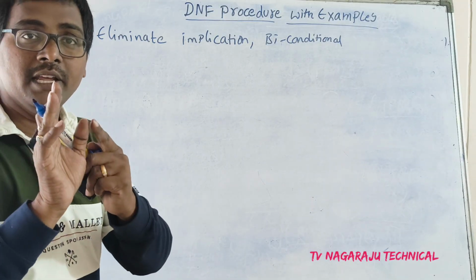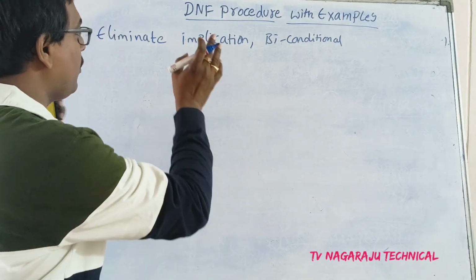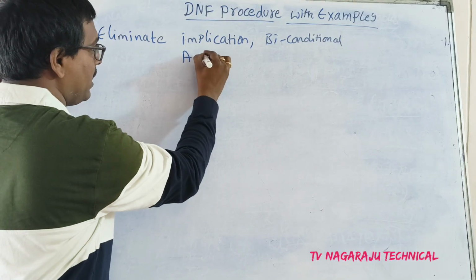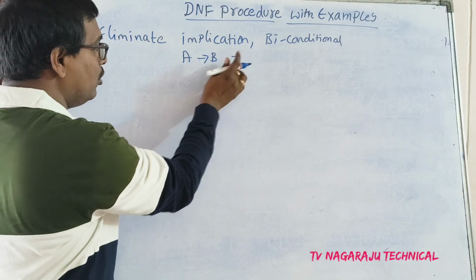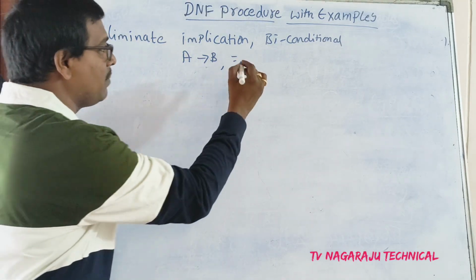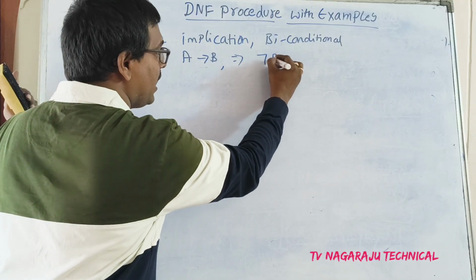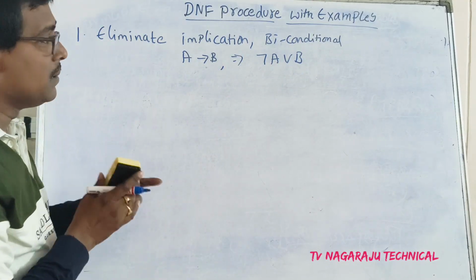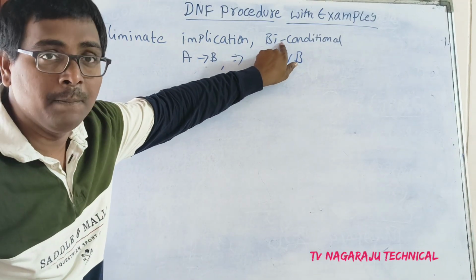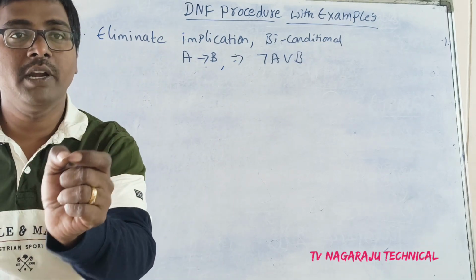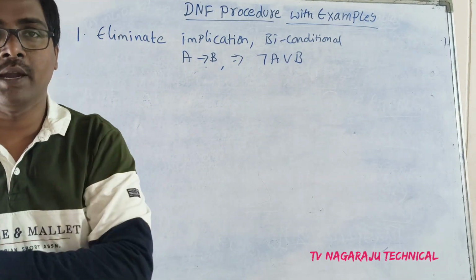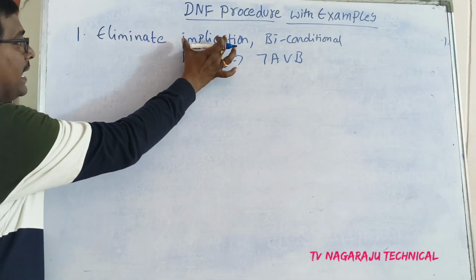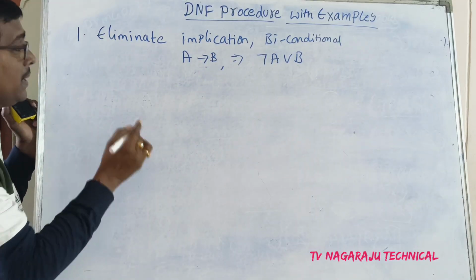Implications and biconditionals are not allowed. For example, you have a statement A implies B. You need to eliminate this statement by converting it to negation A or B. Similarly, if you have A if and only if B, this is converted into A and B or B and A, like this. So, eliminate such type of statements.